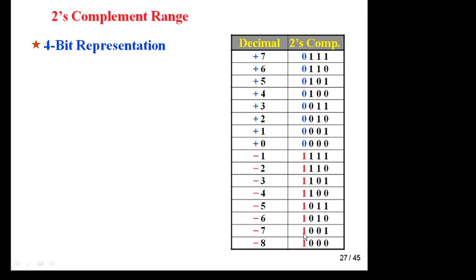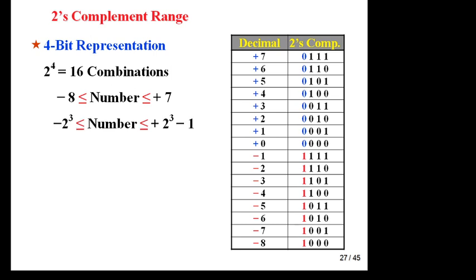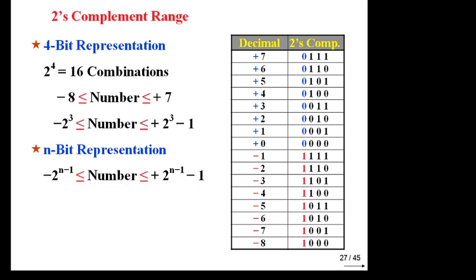Okay, this is your 4 bit representation. And what will be the range for this? Minus 2 to the power n minus 1 to 2 to the power n minus 1 minus 1. Okay, why is it coming? Because 0 has only one representation in 2's complement method.